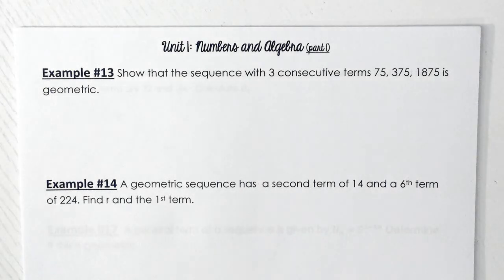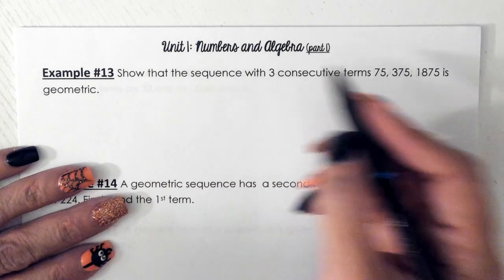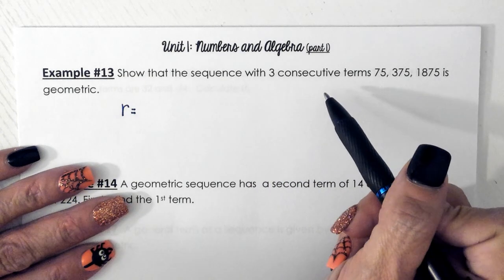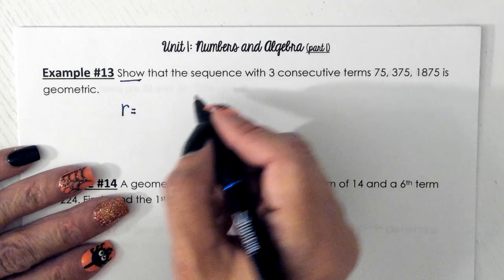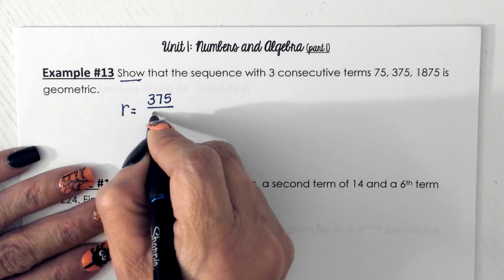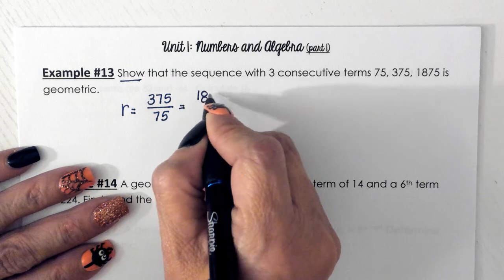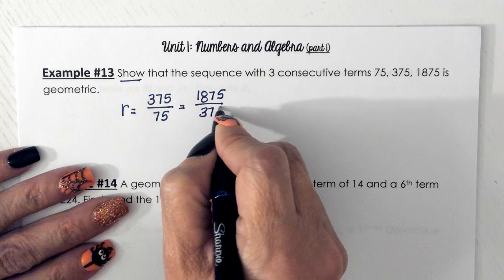Show that the sequence with 3 consecutive terms, 75, 375, 1875, is geometric. I need to know consecutive because that's the only way to find the common ratio. So remember, if they are geometric, the common ratio would be the second term, 375, divided by the first term, and that should equal the third term, 1875, divided by the term in front of it.